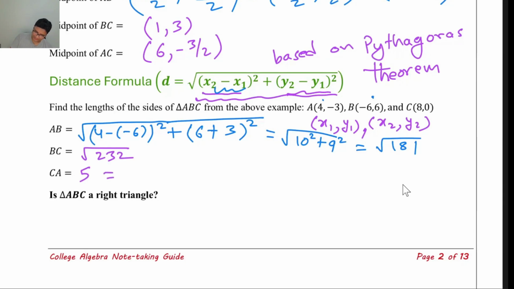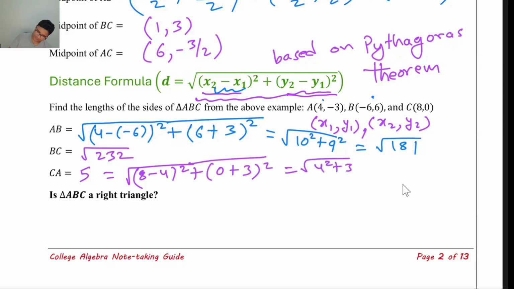Because initially when you use the formula, it would be AC, so 8 minus 4 squared, and 0 minus minus 3 becomes 0 plus 3 squared. And then it becomes under root 4 square plus 3 square, but that's 16 and 9, which is 25, and that is 5.